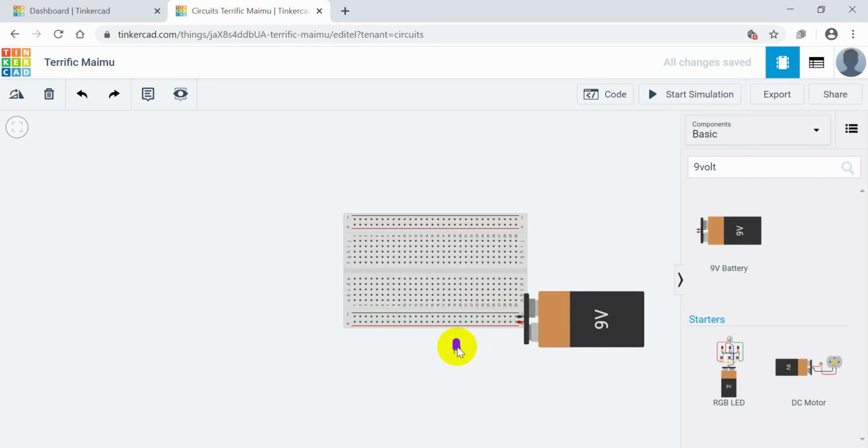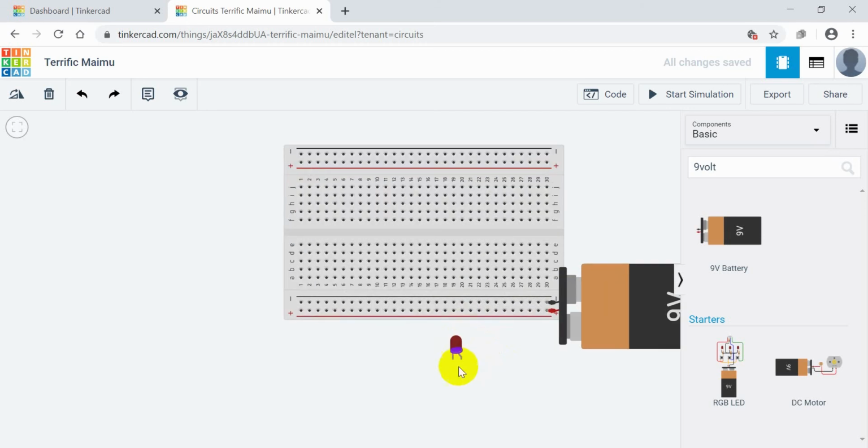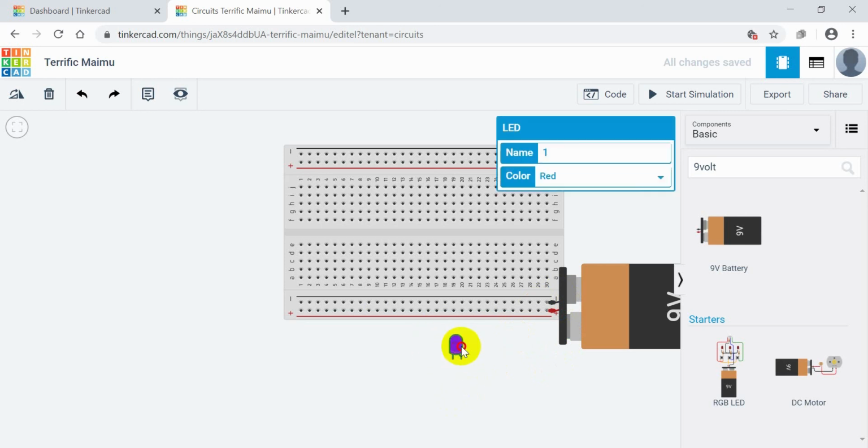So here I selected the LED, and in this LED you check here. If you enlarge, this is the anode, positive terminal, and this is the cathode, negative terminal. So when you are connecting it, you have to make it forward bias: anode to positive terminal, cathode to negative terminal.